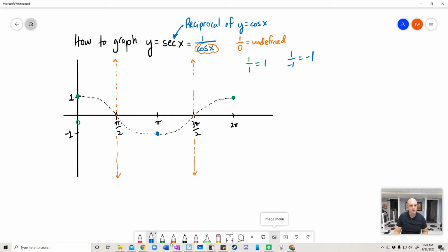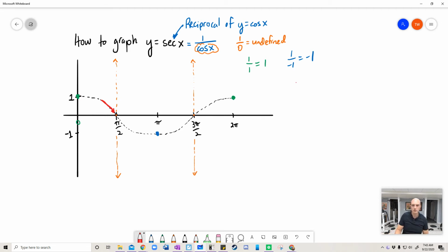Now the next piece of this is, I need to notice that as cosine approaches pi over 2 from the left side of it, so as you follow your eyes from here towards pi over 2, notice how the value of cosine is positive and it's getting closer and closer to 0. Now think about what happens if I take the reciprocal of that.